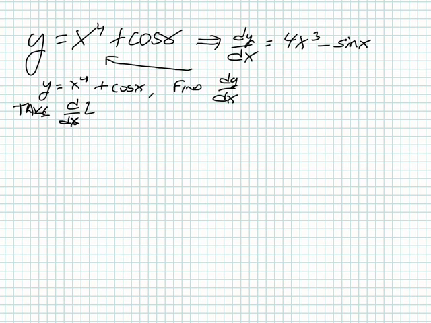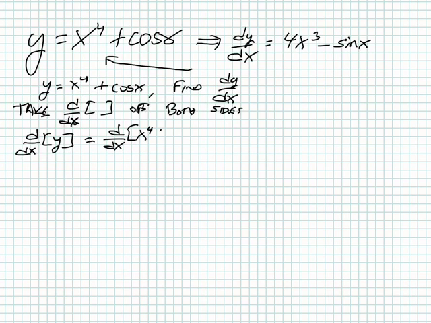So I'm going to take d dx of both sides. When I do so, I'm going to take d dx of the left-hand side, which is just y, and I'm going to take d dx of the right-hand side, which is x to the fourth plus cosine of x.